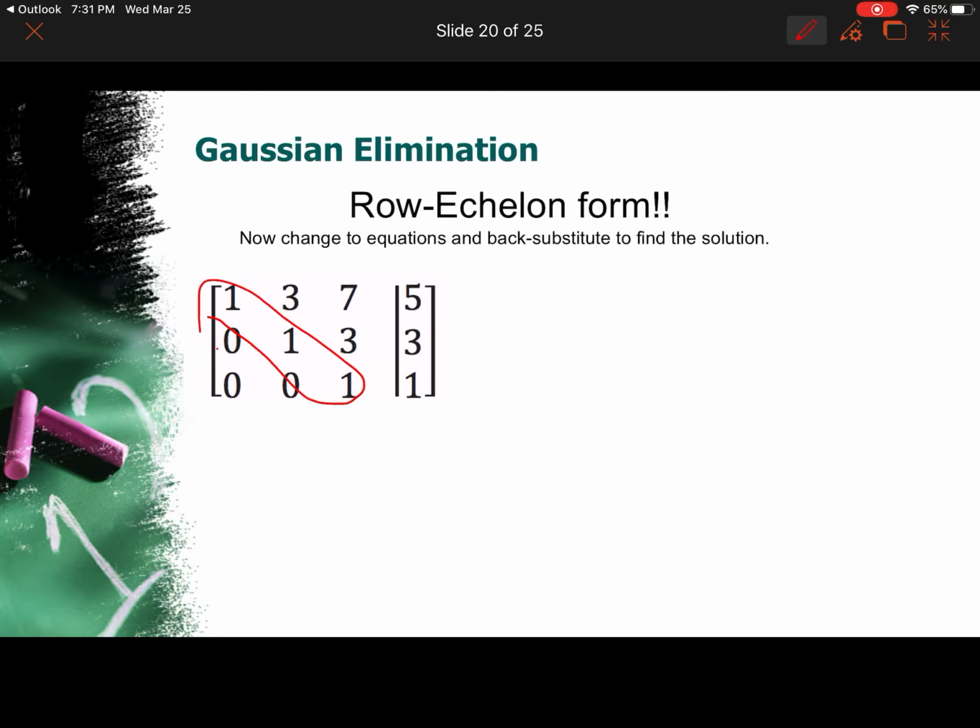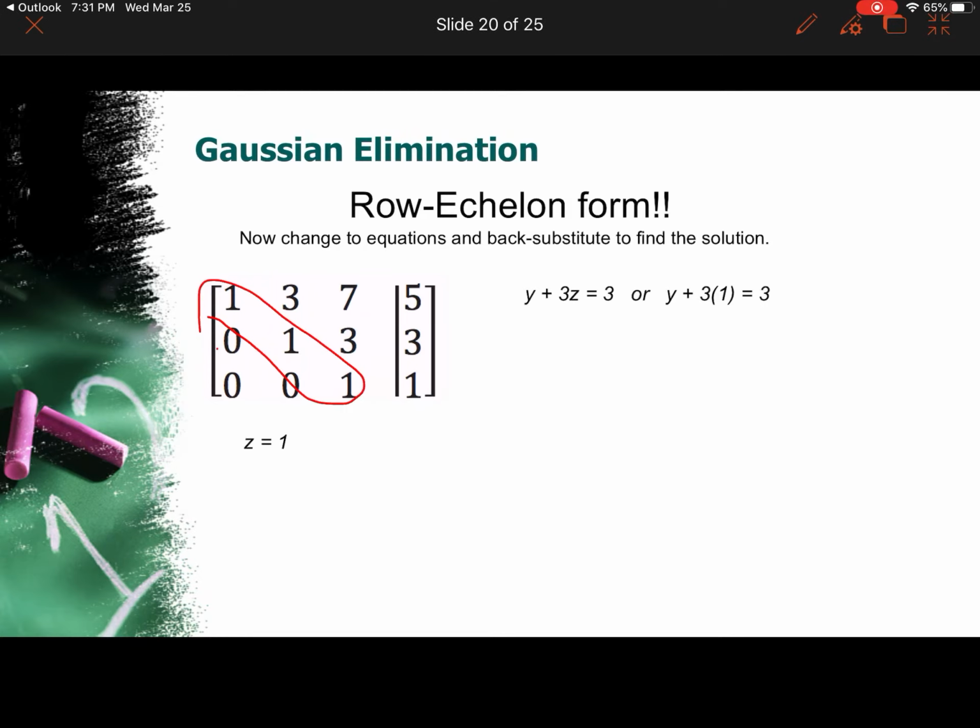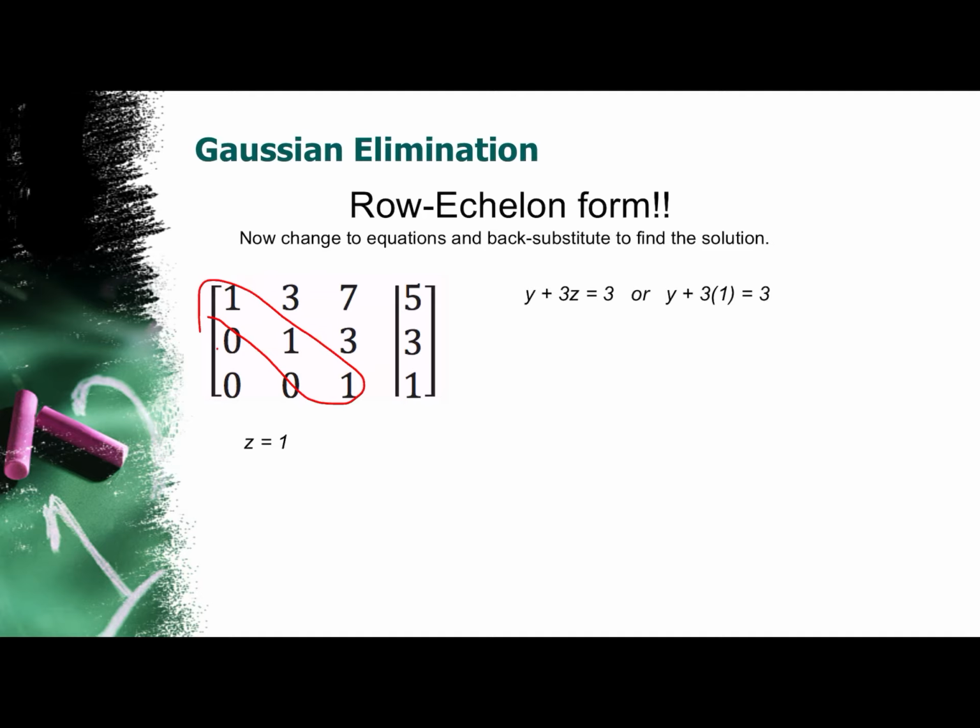And I can now change it back into the equations. So when I change this back into equations, I'm going to start with the bottom row because that one's already ready to go. z is equal to 1. Okay. So the second row, the x is 0, so I just have y plus 3z equals 3, or if I substitute 1 for z, I get y plus 3 equals 3.